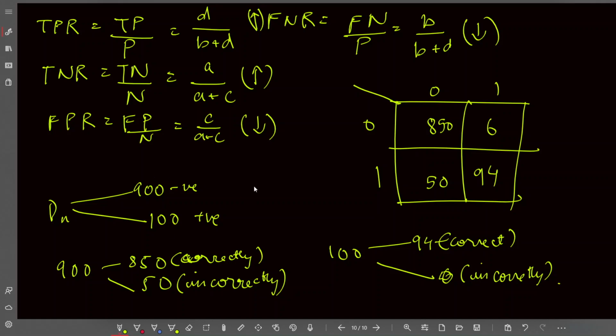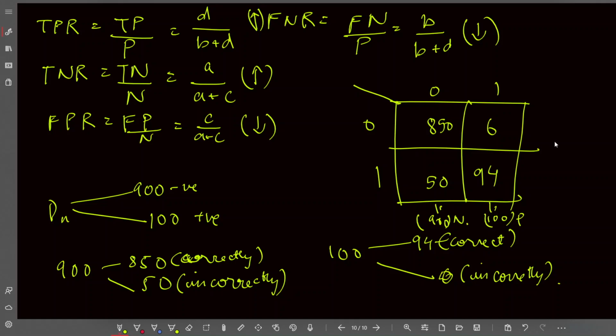So if I just take something like accuracy over here, my dumb model can just give me 900 by 1000, which is a 90% accuracy. But over here, I have a good idea about what class is what. Here again, this is 100 because there are 100 positive classes, and this is 900 because there are 900 negative classes, right?